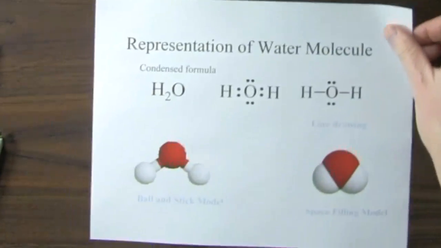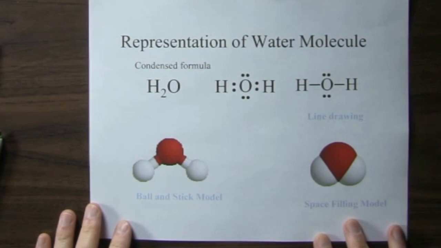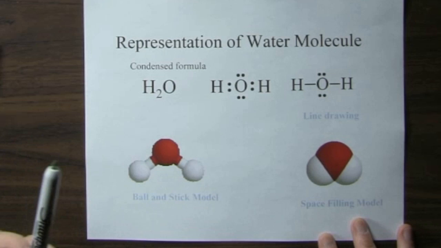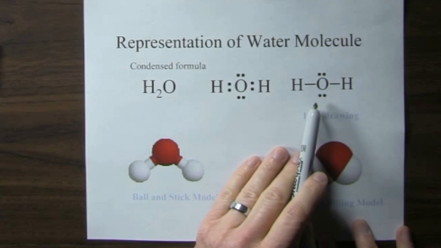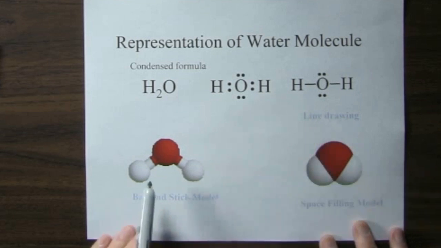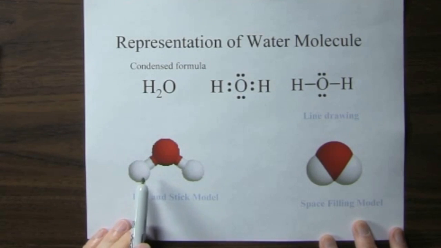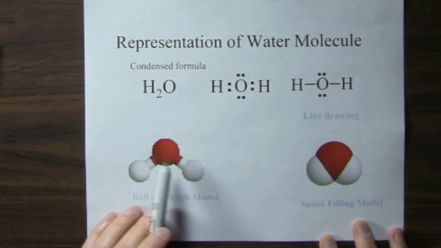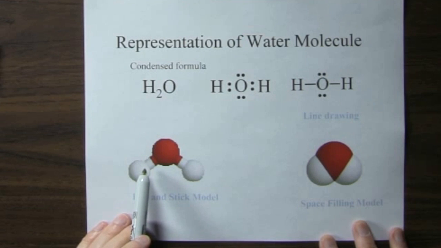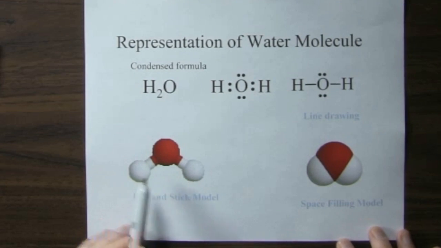So we've seen different ways to represent the water molecule. For example, when we learned about Lewis structures, and we saw a condensed line drawing model, and then a model that represents the three-dimensional geometry with the oxygen in the center and the two hydrogens. And we learned from valence shell electron pair repulsion theory how to describe this as a bent molecule.